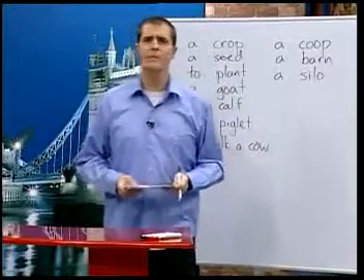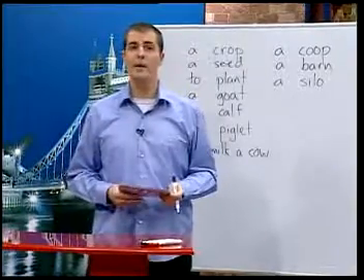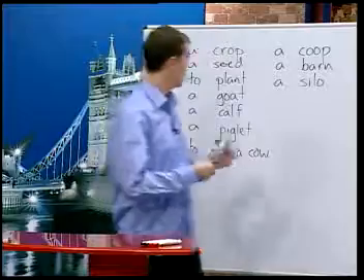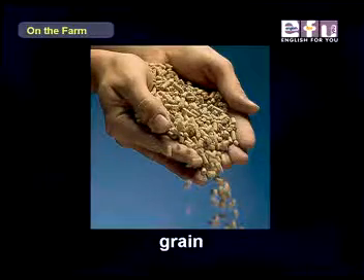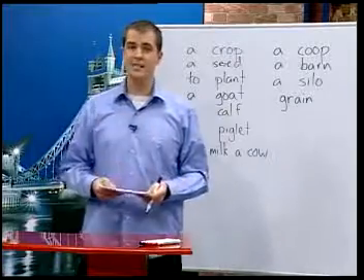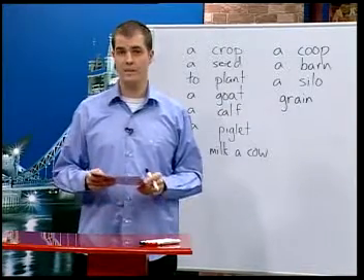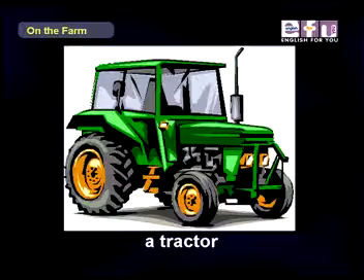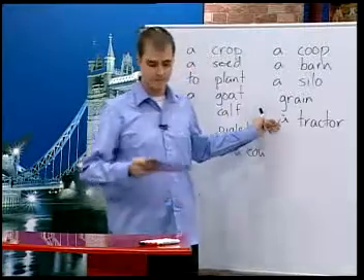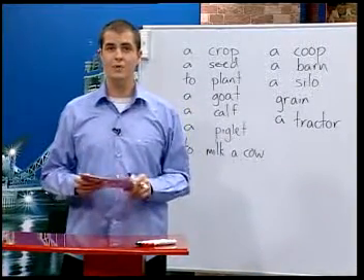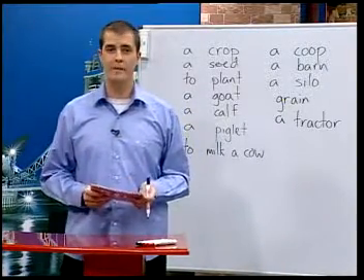A silo is a building that looks like a tower and it's used to keep grain inside the tower. What's grain? Grain is the seeds of a crop such as corn or wheat. We have a tractor. A tractor is a strong vehicle with large wheels used for pulling farm machinery.